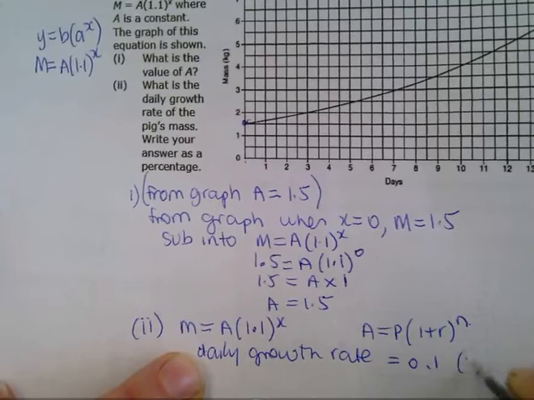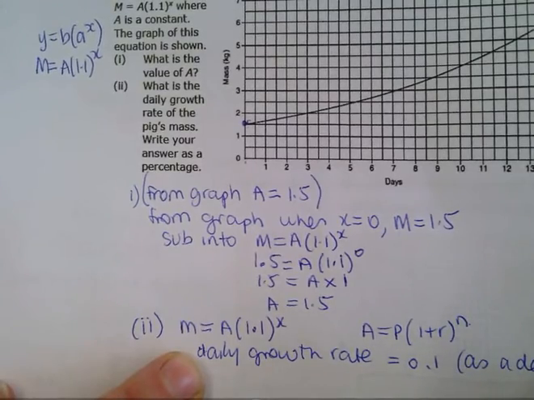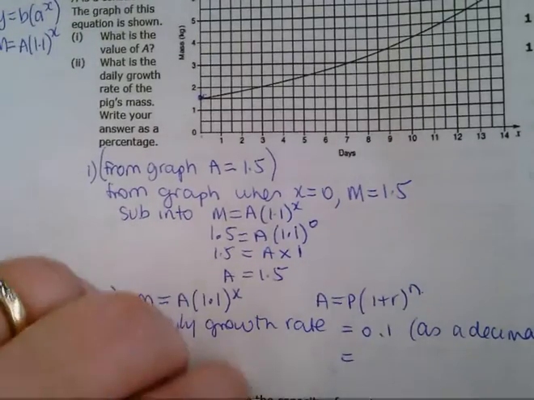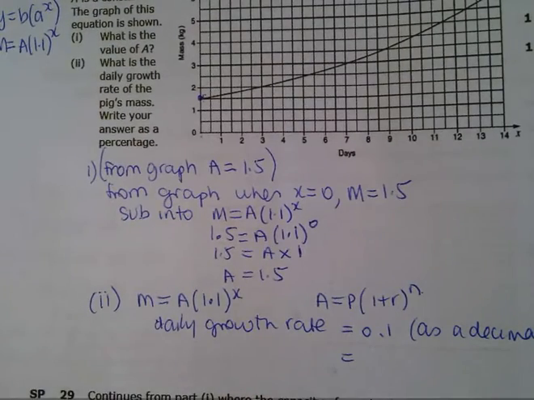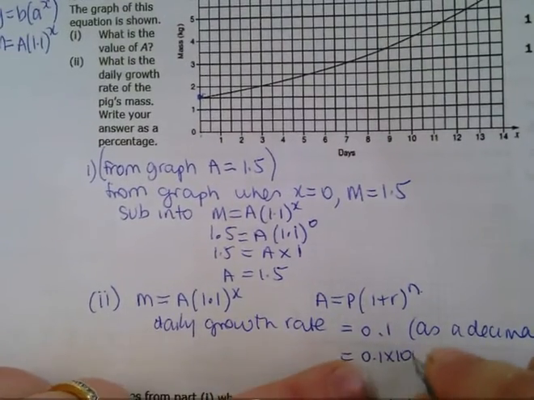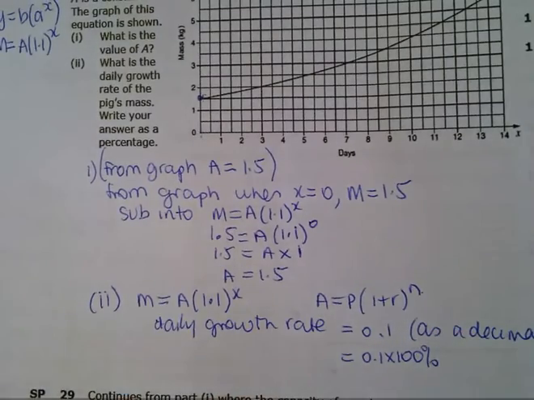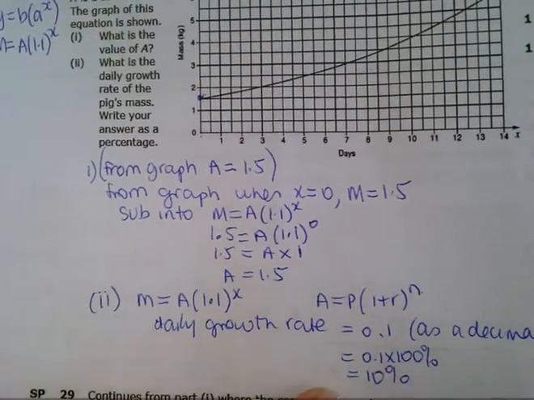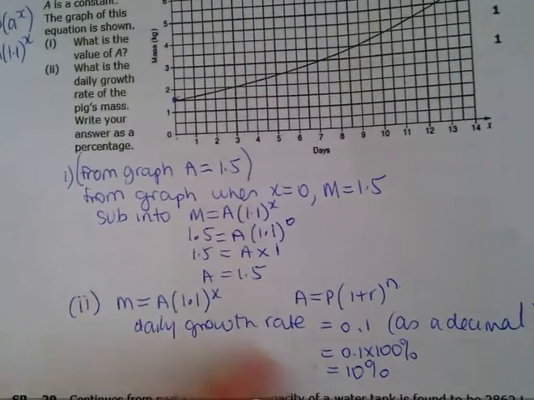Now that is as a decimal, which equals, timesing it by 100. You know how when we use the compound interest formula, you always write your r as a decimal. It's 0.1 times 100%, because normally we write whatever our rate is over 100, which is a 10% growth rate. So that's the daily growth rate.